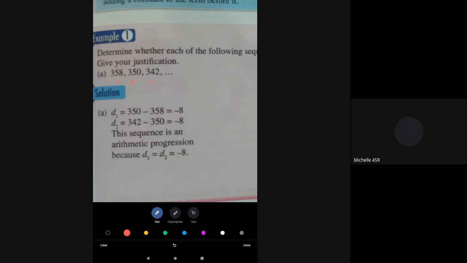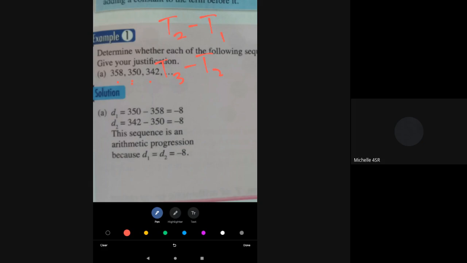We use T2 minus T1, T3 minus T2. We check whether they have the same value, the common difference.